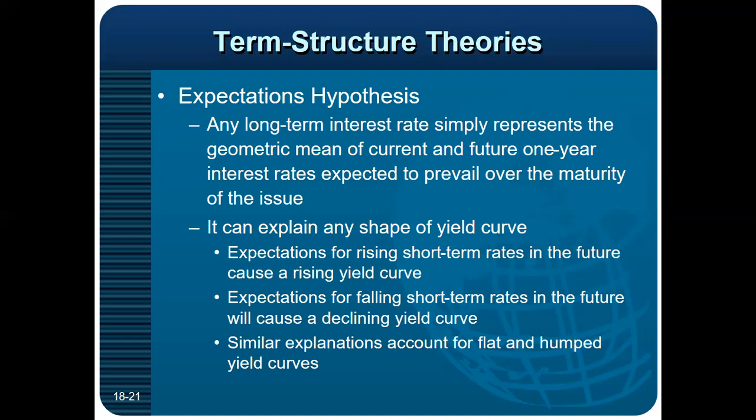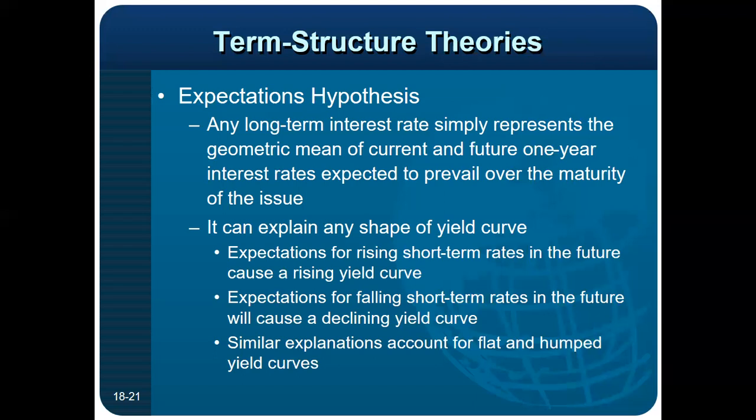Any long-term interest rate simply represents the geometric mean of the current and future 1-year interest rates expected to prevail over the maturity of the issue. So basically, it can explain any shape of the yield curve. The curve will explain what is going to happen in the future.